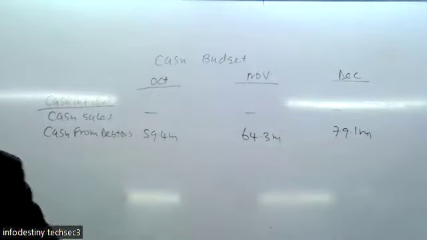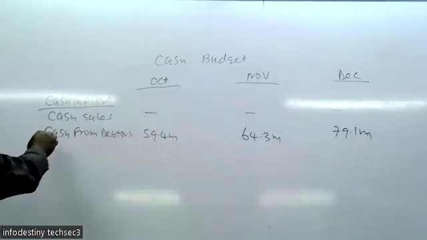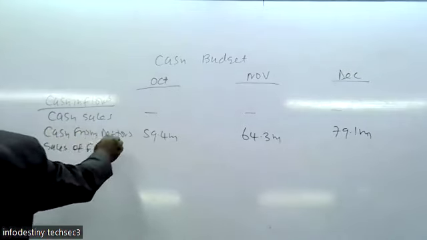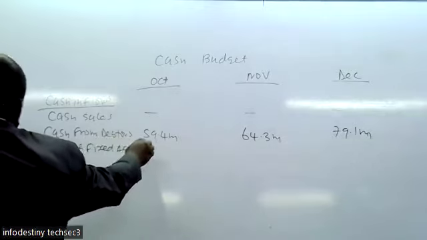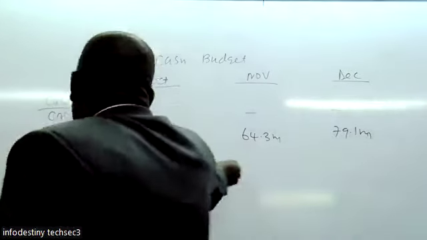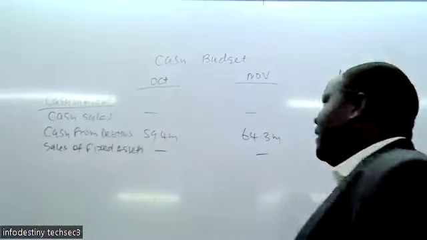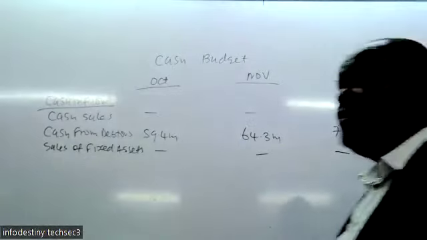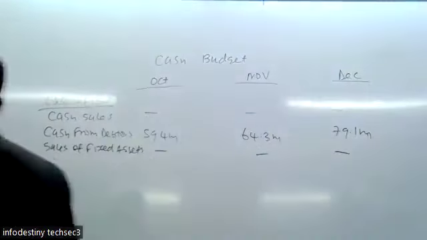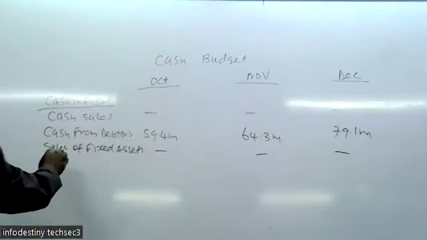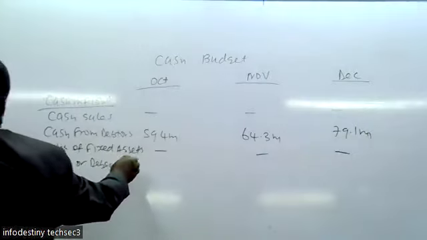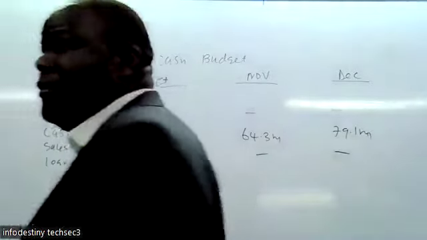Then also we normally have sale of the fixed assets. But this one, it was not there. But just in case you get any question that has those items, remember to include them. Also, the loan. You also include it.